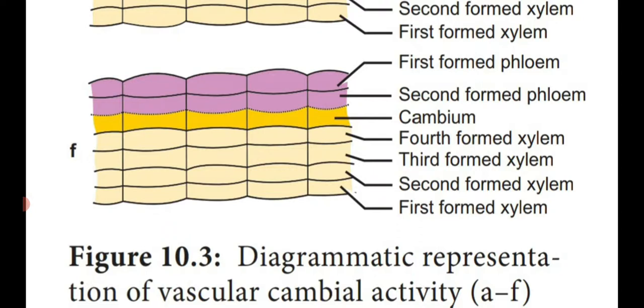That is the important point here, outer to the cambium. Not only that, on the inner side, on top of the third formed xylem, they have produced one more layer which is known as fourth formed xylem. So this is the vascular cambial activity which is producing secondary xylem on the inner side and secondary phloem on the outer side.